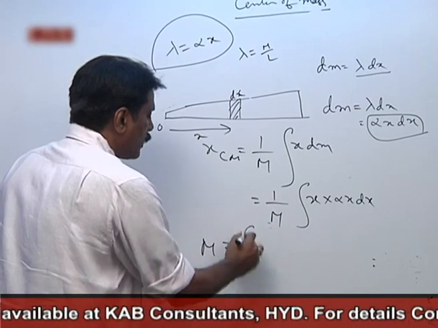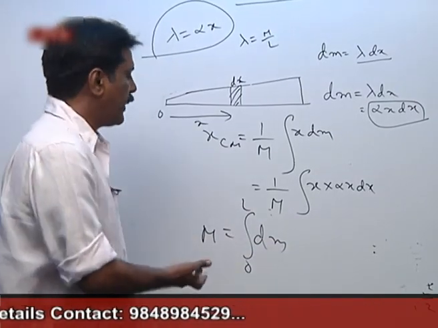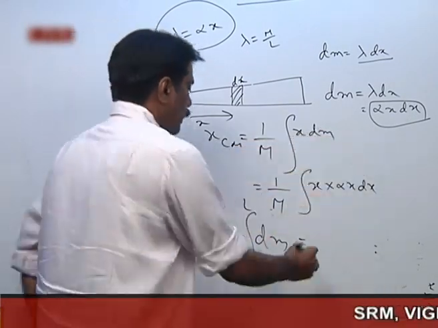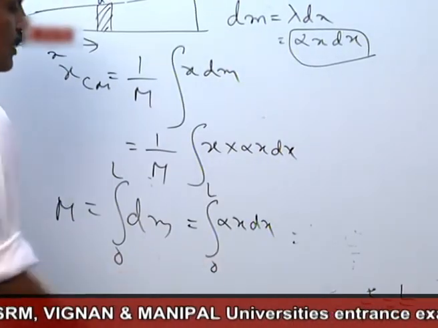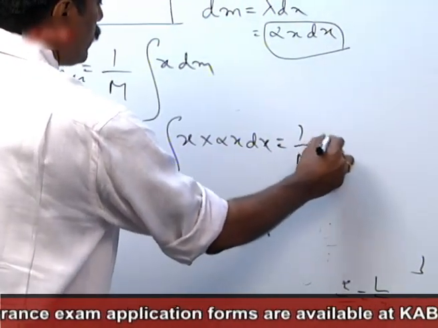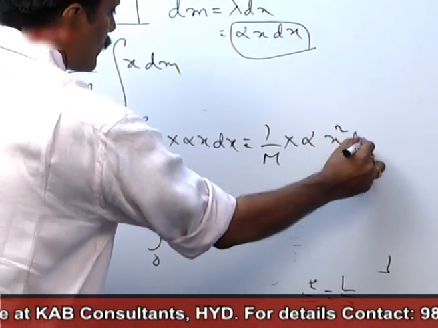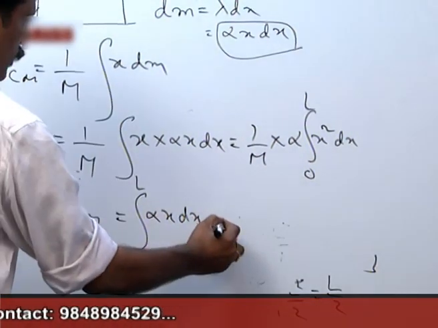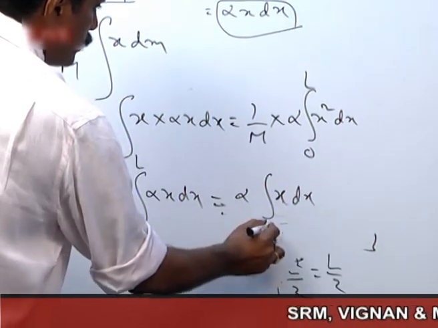Mass is equal to integral dm from 0 to L, which is integral alpha x dx from 0 to L. Here if you integrate this, what we will get? 1 by m into alpha into integral x square dx from 0 to L. Here the mass would be equal to alpha into integral x dx from 0 to L.